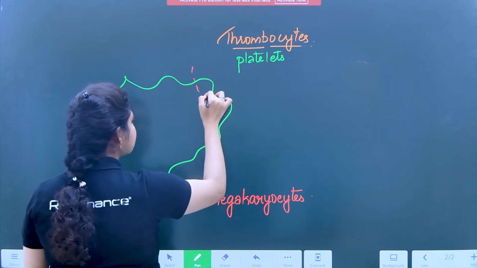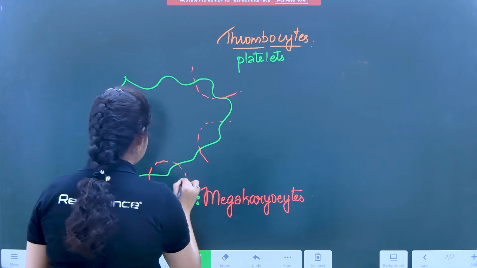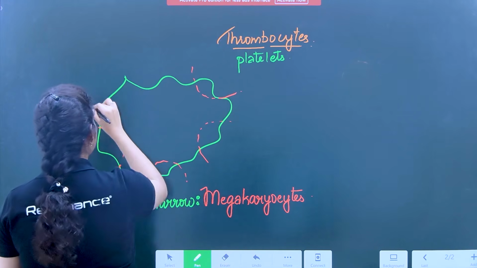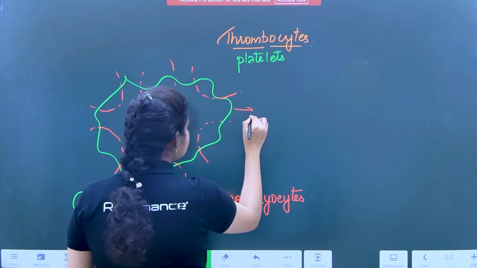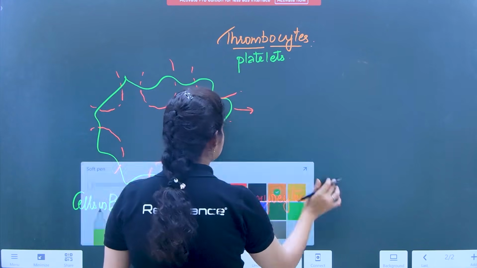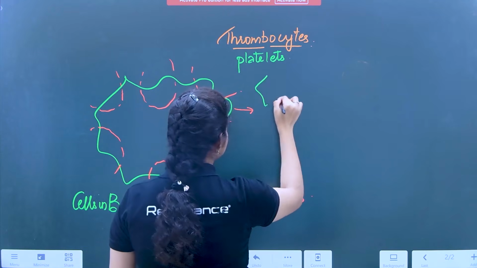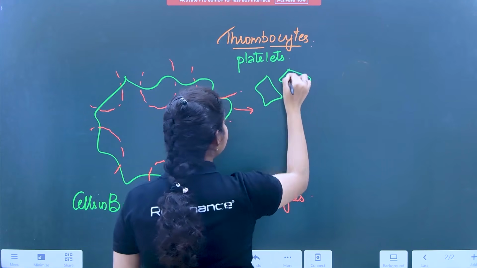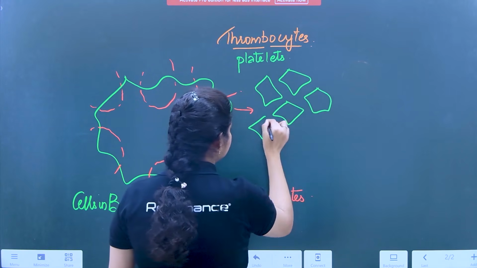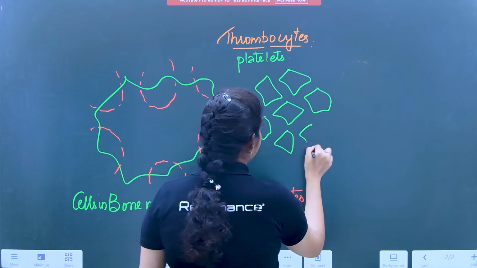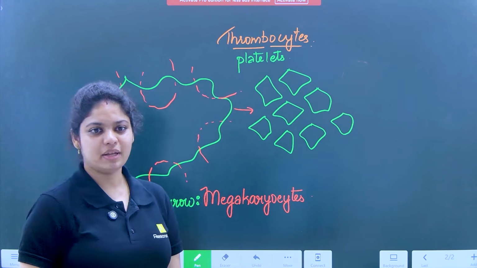Now, when there is irregular breakdown of these megakaryocytes, we have irregular shaped cells produced, which are nothing but platelets.